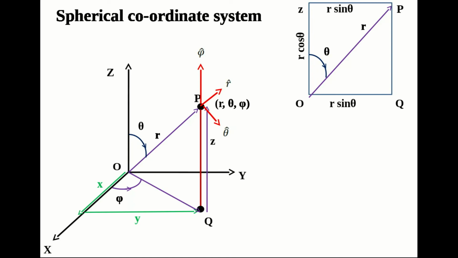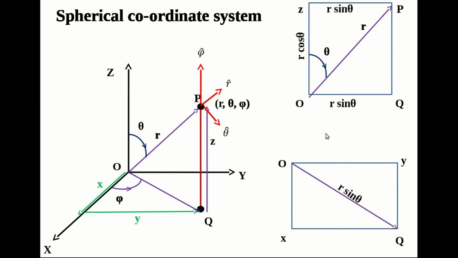Now consider the plane containing origin O, x-axis, y-axis and point Q. This distance along the x-axis will be the x-coordinate and this distance along the y-axis will be the y-coordinate of point P. From the figure above, we can see that OQ is R sin theta.